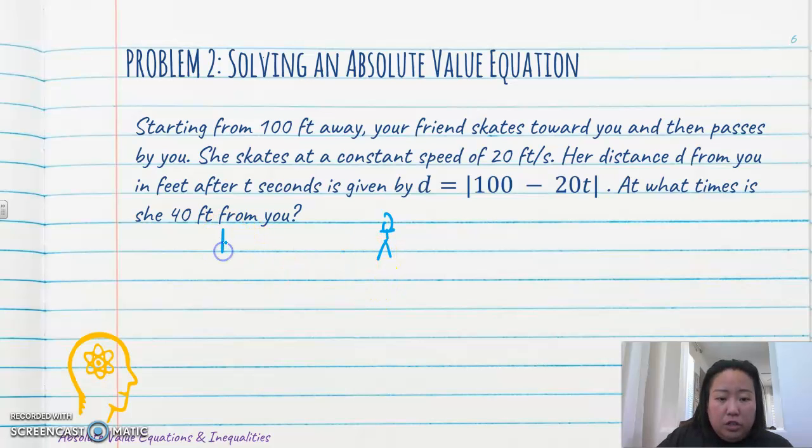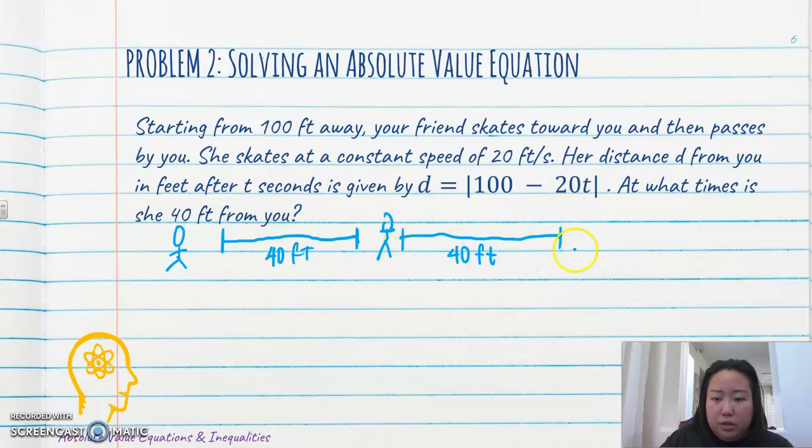Here, if she is still just approaching you, this is 40 feet, and let's say this is your friend, okay? So that's 40 feet, and then she passes you, and then it's going to be another 40 feet. And this is where she is going to be next. So the question is, what times will this person be 40 feet away from you?